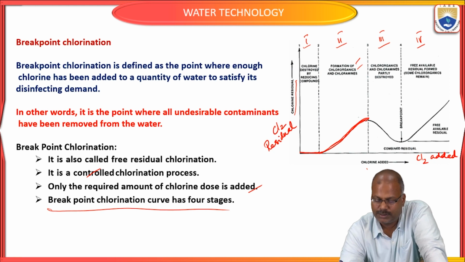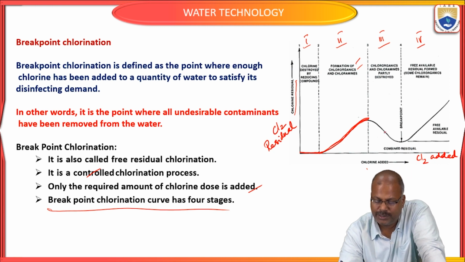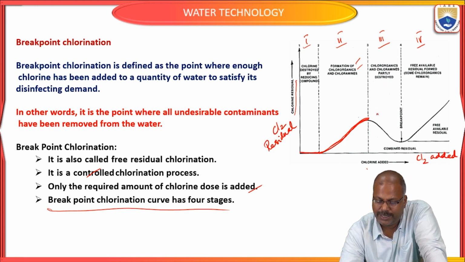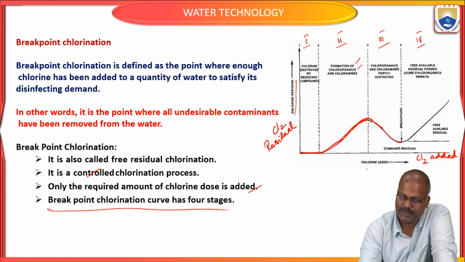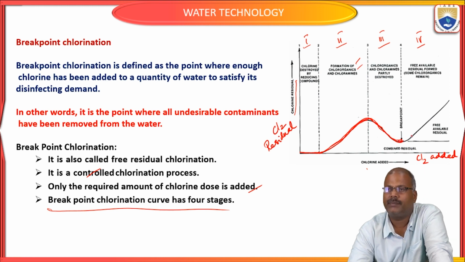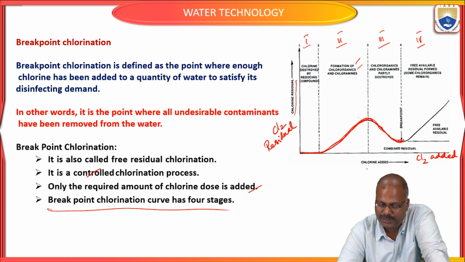Next, by further increasing the concentration of chlorine, in this stage chloroorganics and chloramines are partly destroyed. When they start destroying the organics, residual chlorine decreases. Residual chlorine means chlorine present in water without reacting, without killing the bacteria.